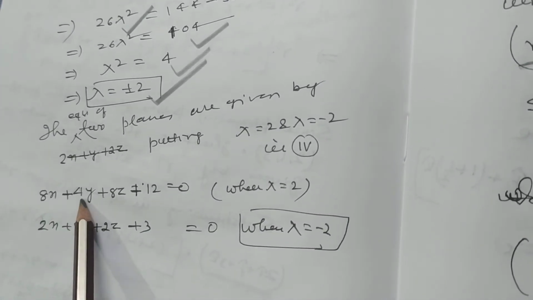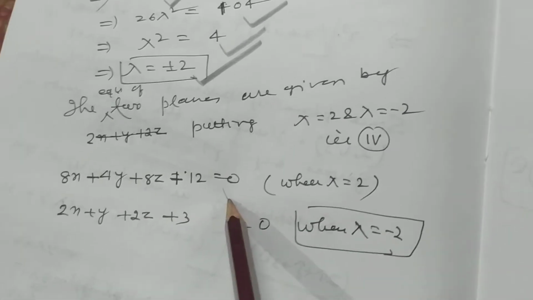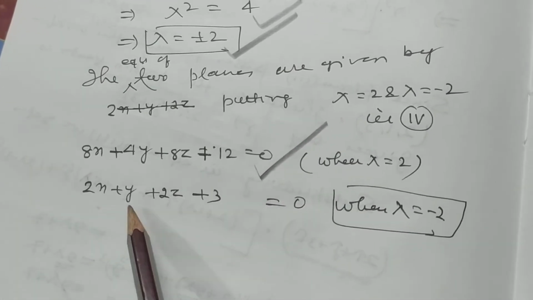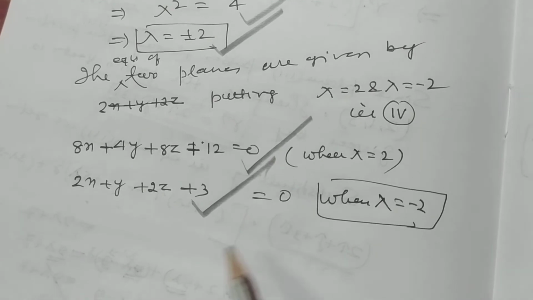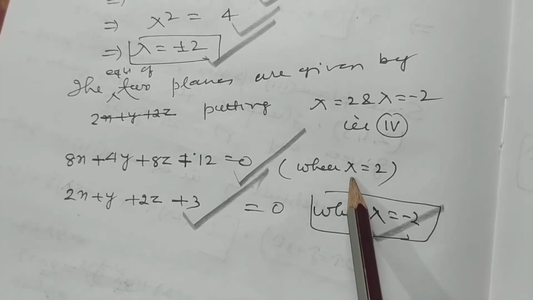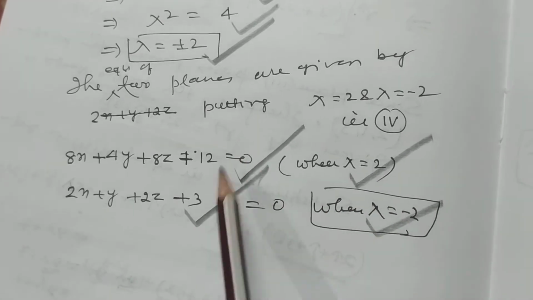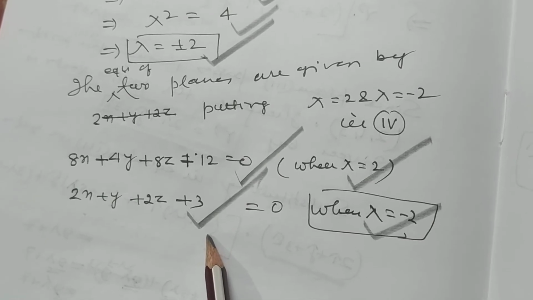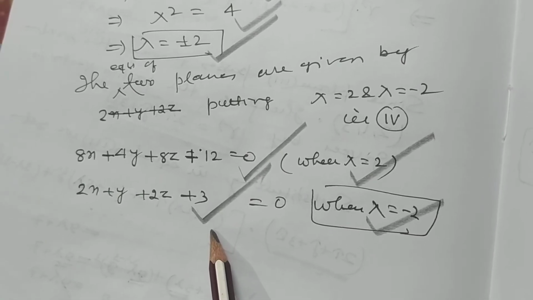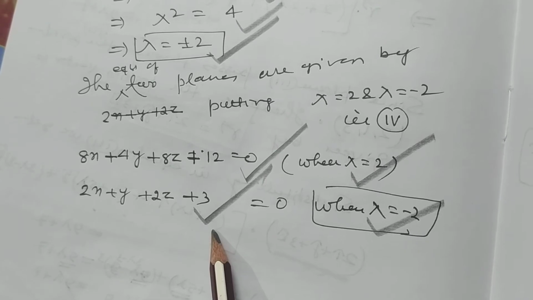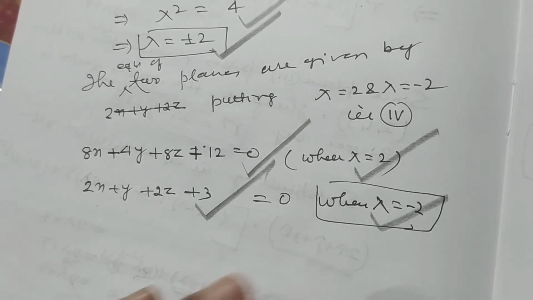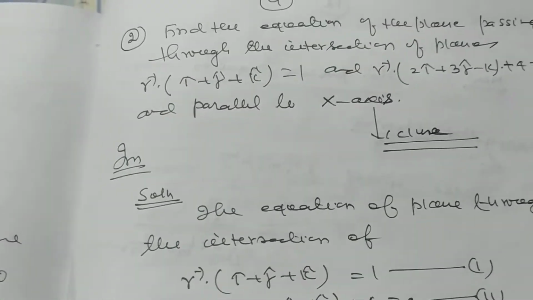So, 8x + 4y + 8z + 12 = 0 and 2x + y + 2z + 3 = 0. By putting λ = 2 and λ = −2, you get these two equations of plane. So, my dear students, this problem is very, very important, and by taking help of this concept, you can solve so many problems.